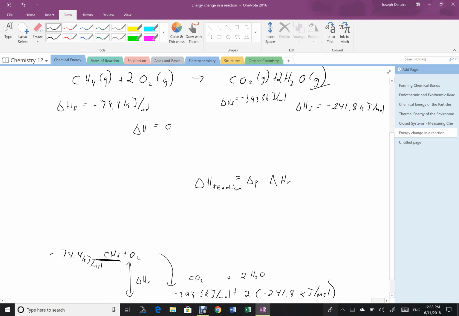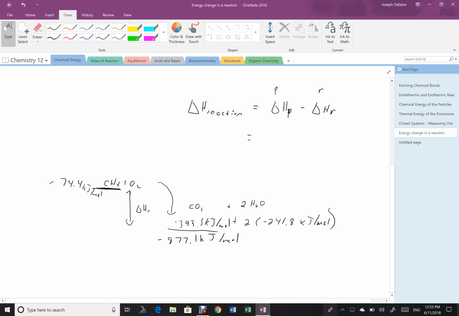Let me try this again. If I want to know what my delta H for my reaction is, what my change is, I could say it's my final situation minus my initial situation. This represents the products, and this represents the reactants. So instead of saying 2 and 1, I could say products and reactants.